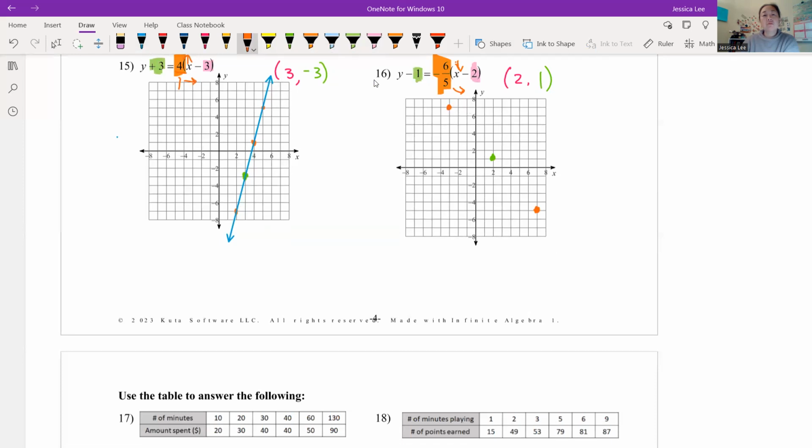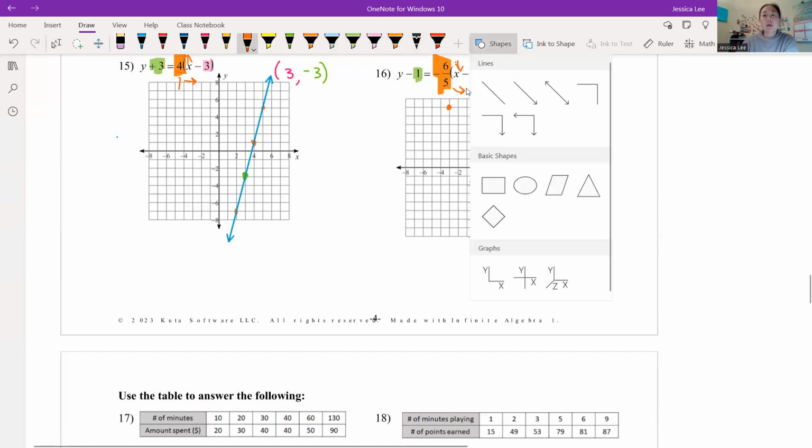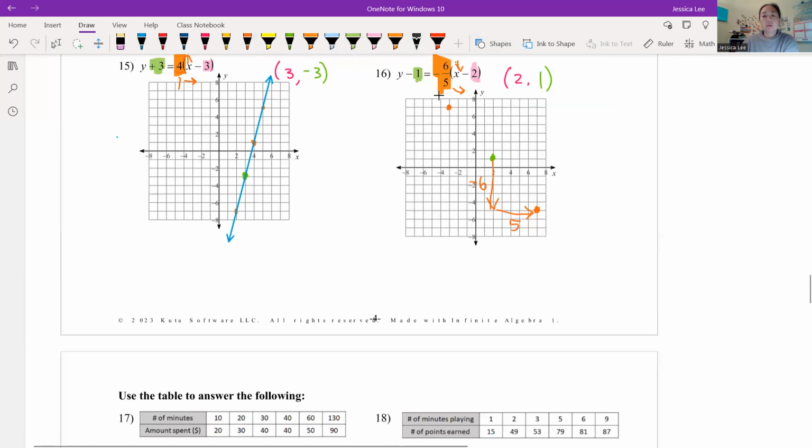Okay. Again, one thing to look at, it's down, so it's down 6, then to the right 5. Okay. And let's draw that line. Probably like that. Let's move it over. There we go. That was the last of those.